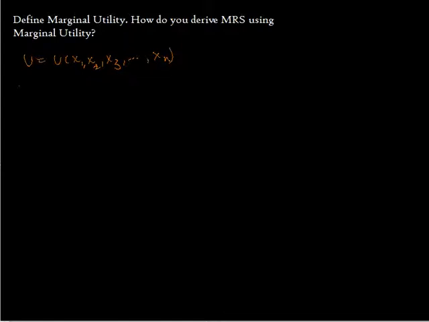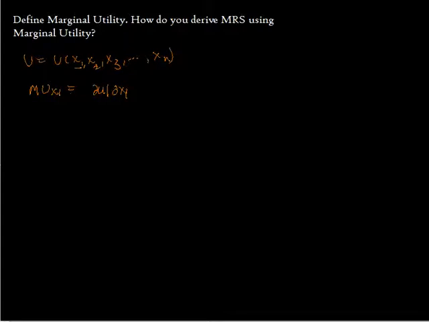Marginal utility of good x1 is given as MUx1 equals del u by del x1. It is the extra utility obtained from a bit more x1 while holding all other commodities constant.